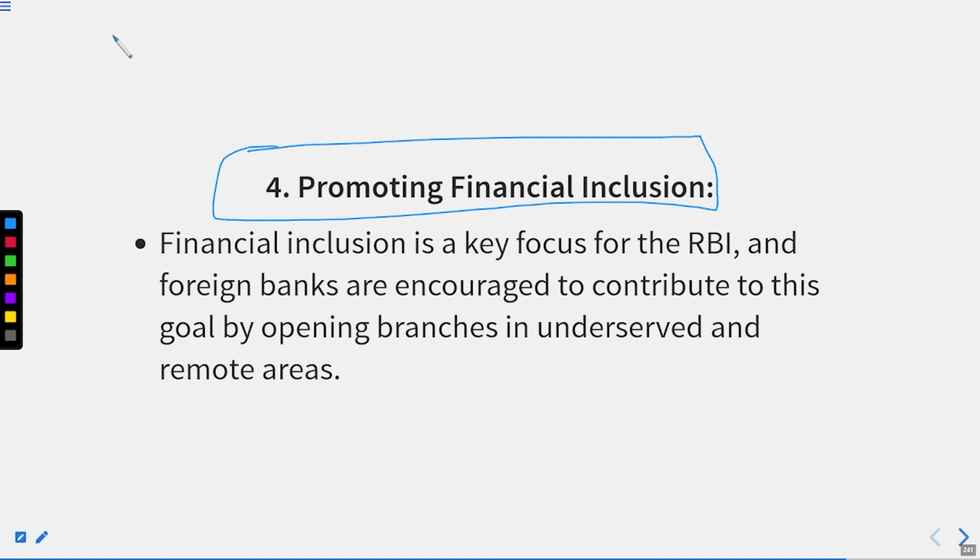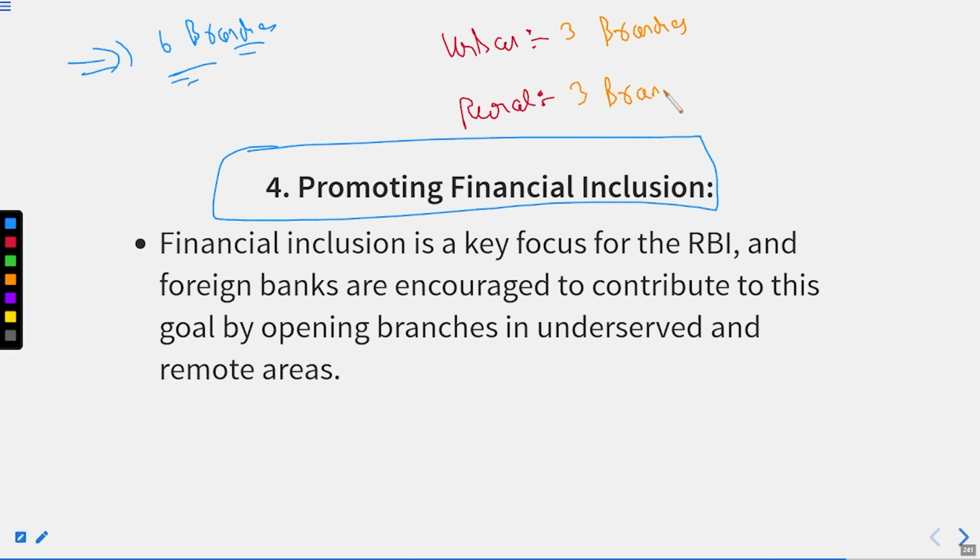It means that if they are planning to obtain 6 branches, then these branches must be divided between the urban and the rural areas. Like for urban, they said you could open 3 branches. For rural, they said you could open 3 branches.